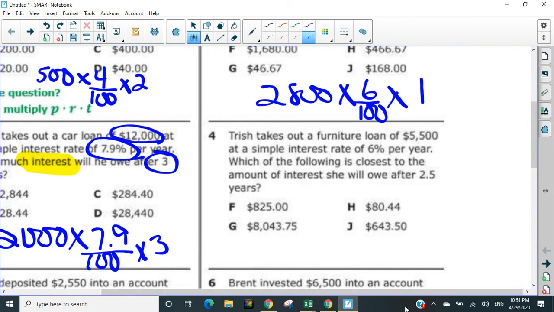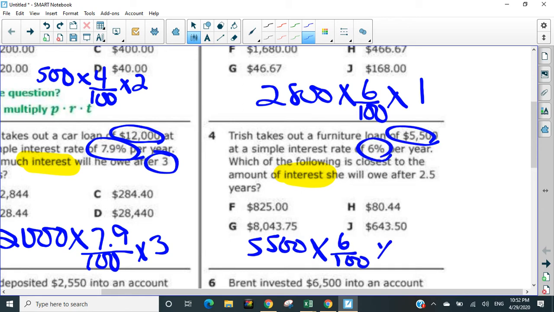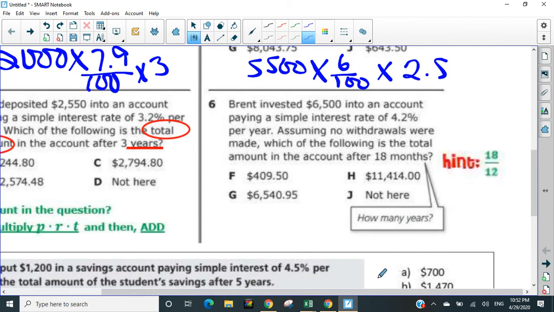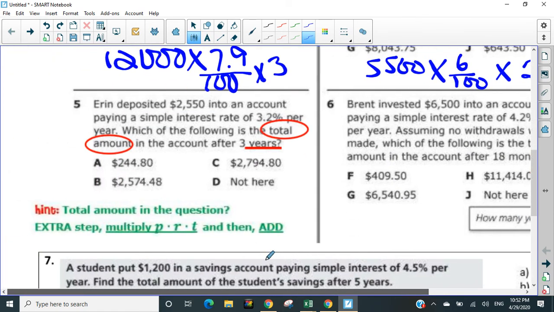Next problem. The question is asking for interest. The formula gives us interest, so we basically just multiply. Principal, 5,500 times 6%, 6 out of 100, times 2.5. Moving on. Don't forget to use Desmos.